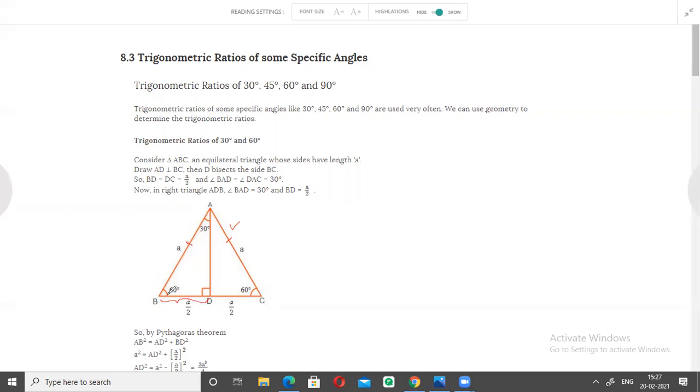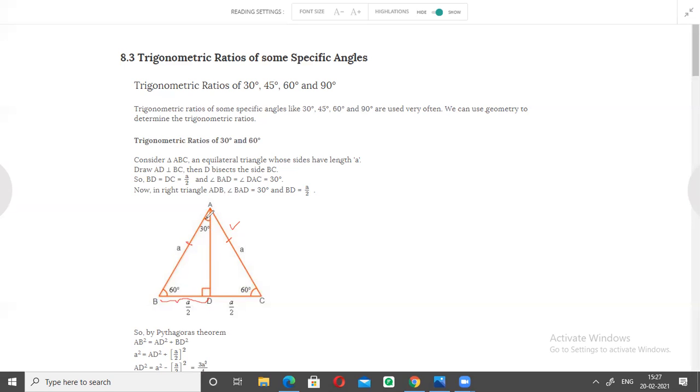Similarly, this angle is 60 degree, angle B and angle C, but this AD, which is the median as well as the altitude, will be the angle bisector as well, because the median, altitude and angle bisector all coincide in the case of an equilateral triangle.